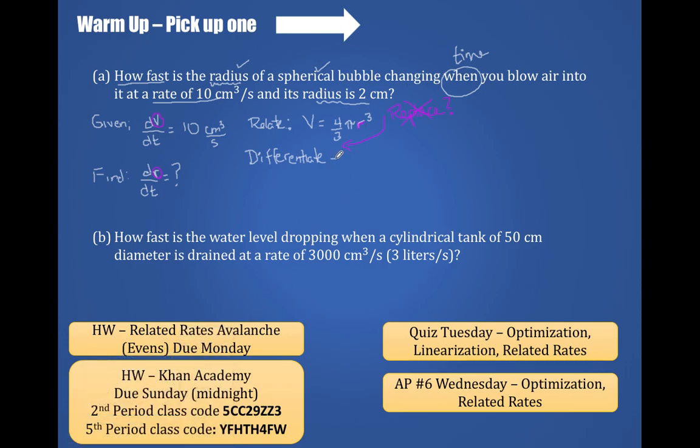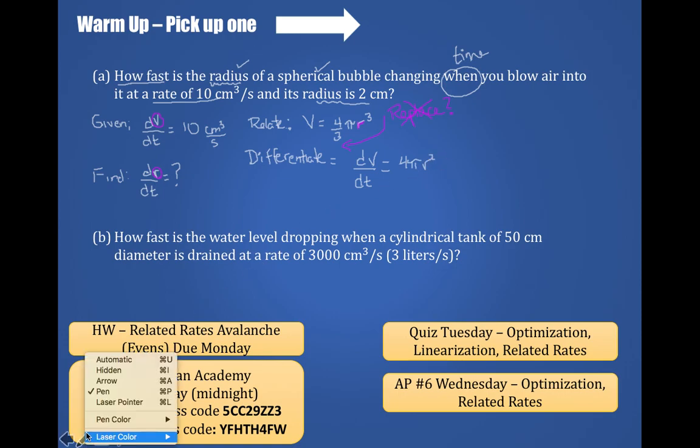So differentiate: the rate of change with respect to time of volume is, bring the 3 down, and I just have 4 pi r squared, spit out, this is an r.